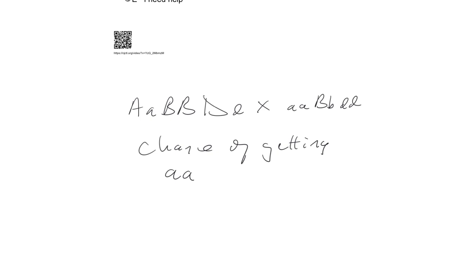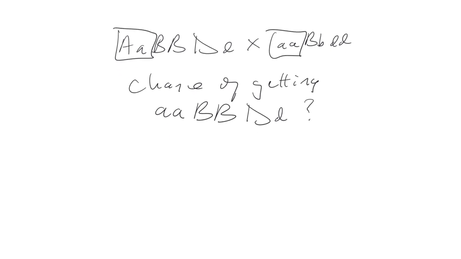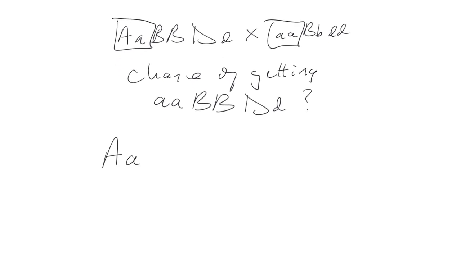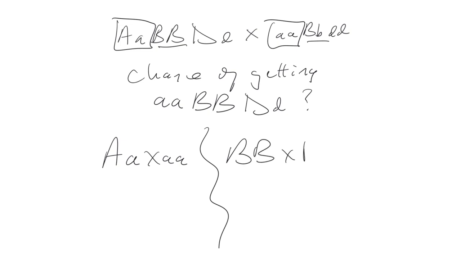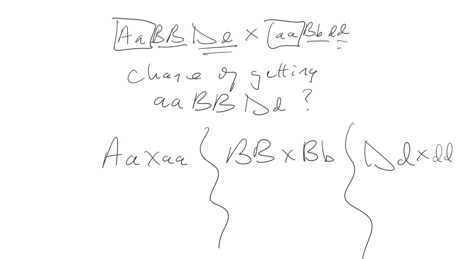A, B, B, and then let's say D, D. Okay, so what you have to do is use just the A's, do a cross with those, A times A, and then you do a cross with just these, then you do a cross with these, instead of doing a really complicated one.